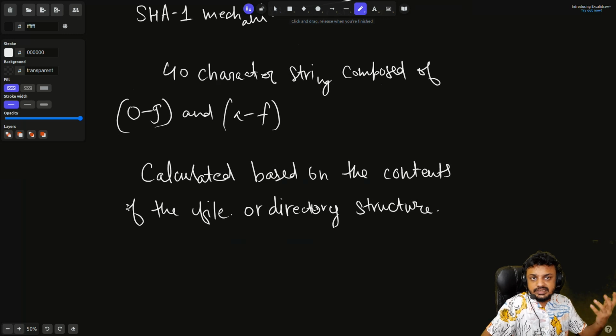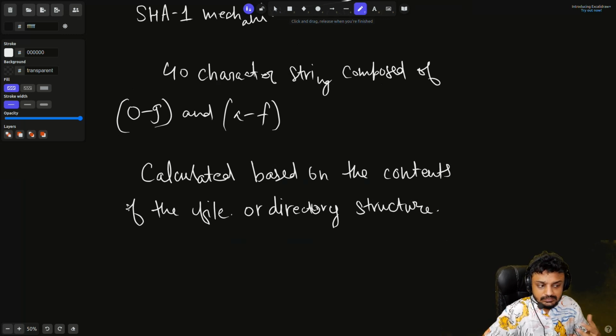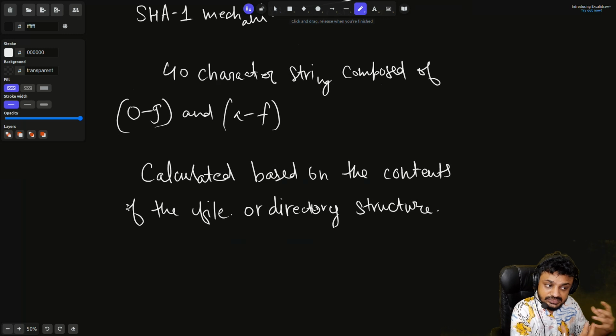So let's say you add a new file or you remove a file, that goes into the directory structure criterion, and if you modify a file, then it goes into the contents of the file criterion. But whatever changes you make, this string is always going to be unique, right? Since it is calculated based on the directory structure or the contents of the file, right?